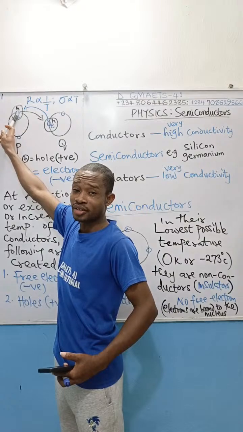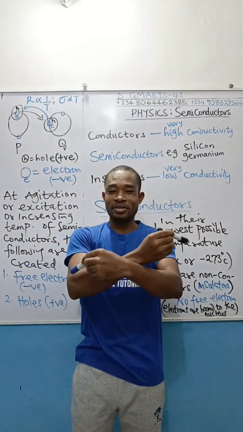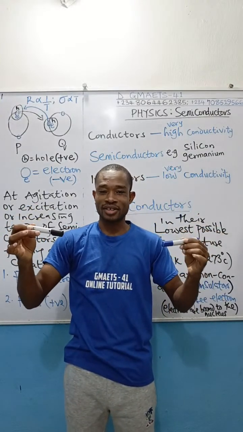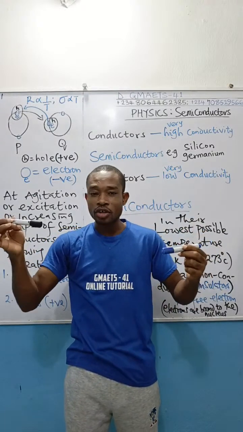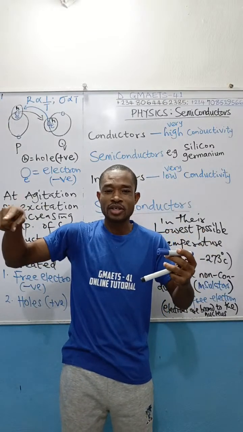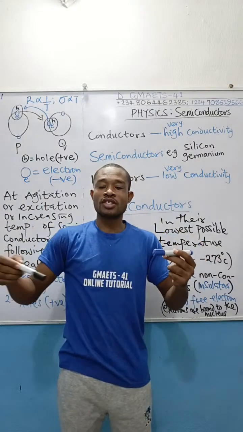Are you following? You agitate these 2 atoms, let's say they are semiconductors. The electrons will be free to move. As the electron of this atom is jumping to this place, it is creating a vacant space, which we call a hole. That hole is positive.